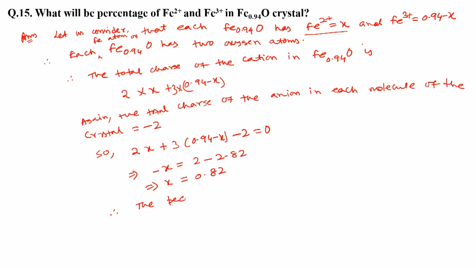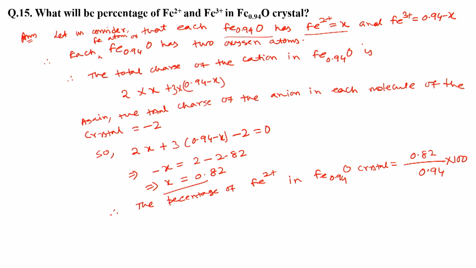The percentage of Fe2+ in Fe0.94O crystal is 0.82 by 0.94 times 100, because each Fe0.94O has Fe2+ as x and Fe3+ as 0.94 minus x.